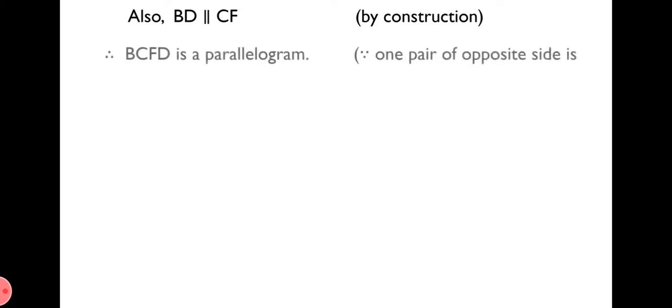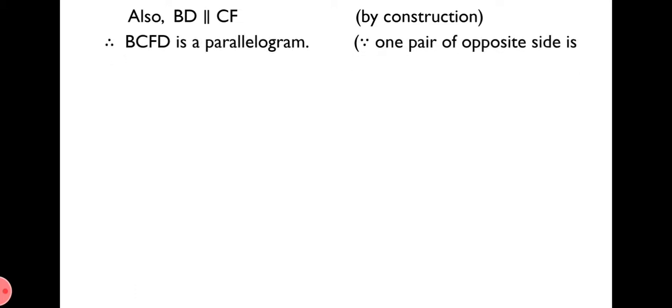Also, BD is parallel to CF. We have done the construction in which we have drawn CF, which is parallel to AB. So, we get BD parallel to CF. Therefore, BCFD is a parallelogram. Why? Since one pair of opposite sides is parallel and equal.